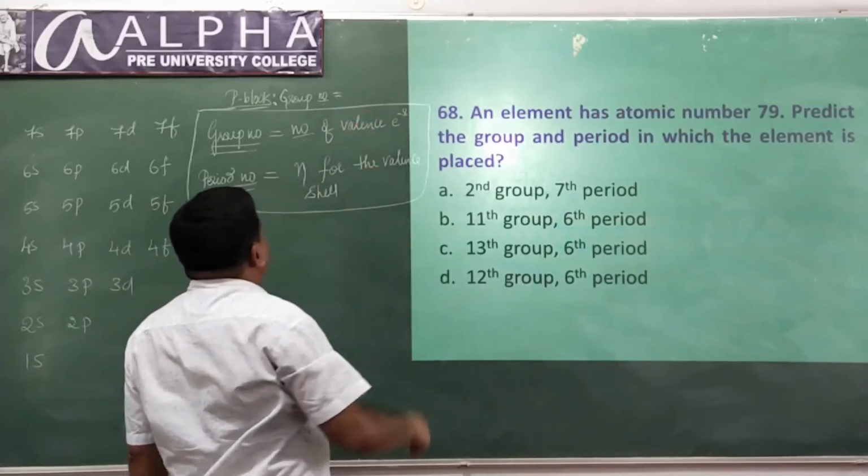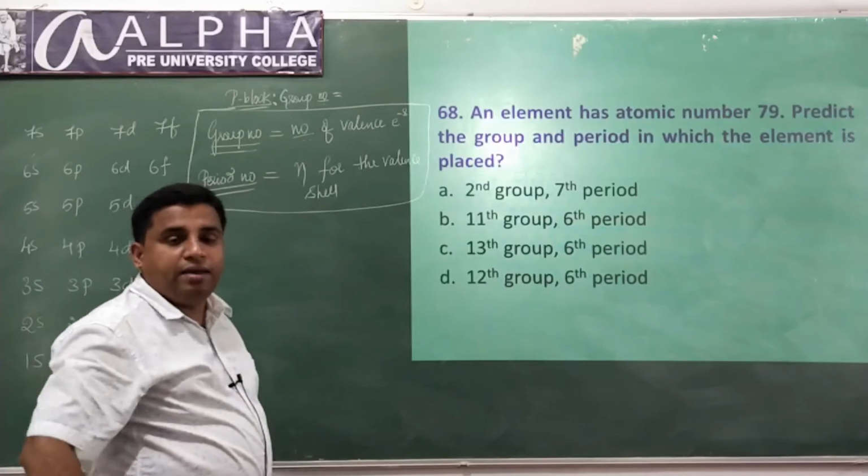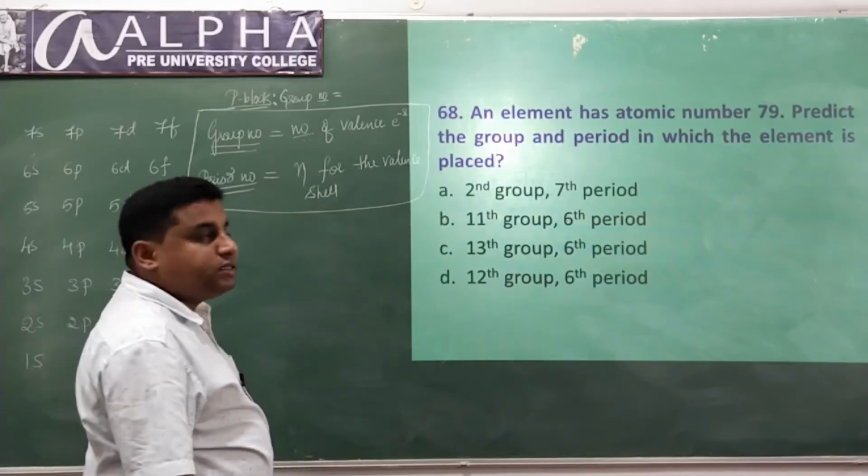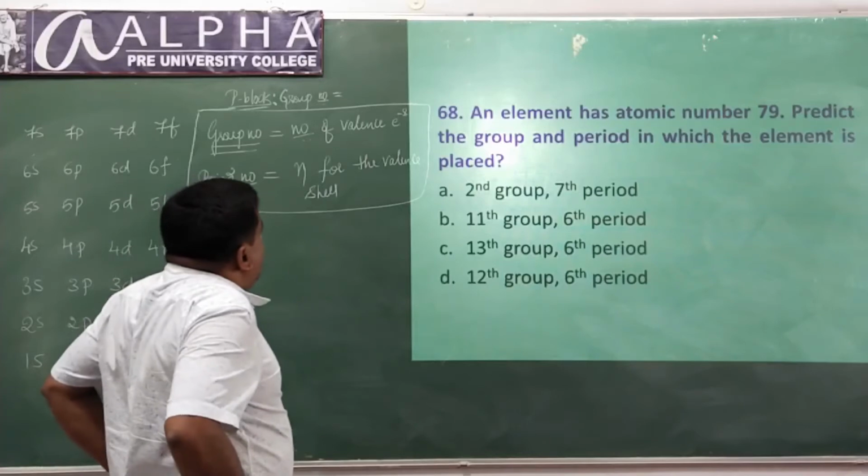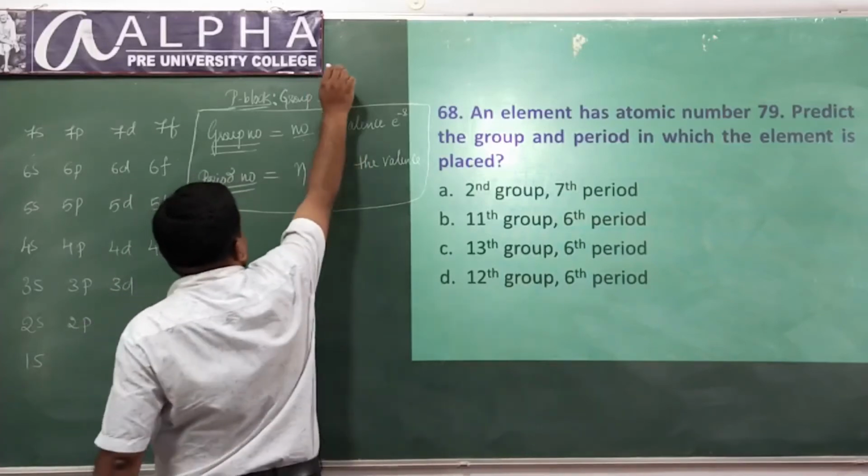Can anybody tell me? Group number for P block elements is equal to what? I'll tell you what it is, don't worry.